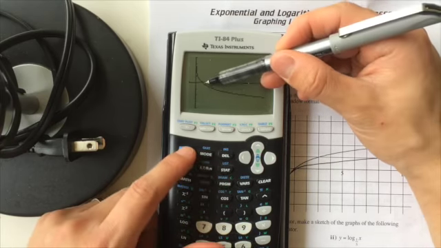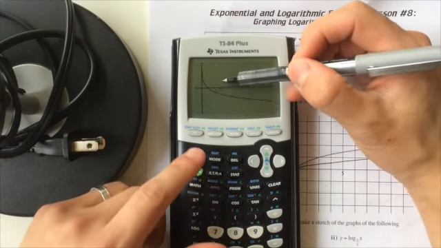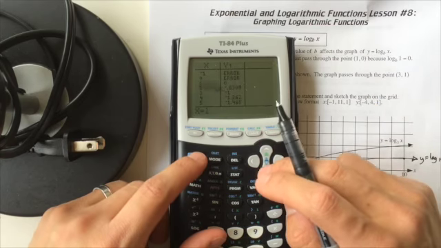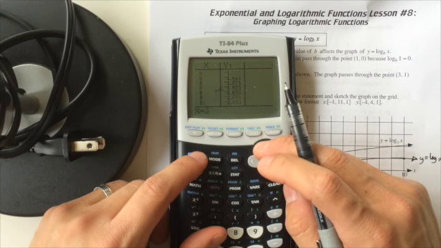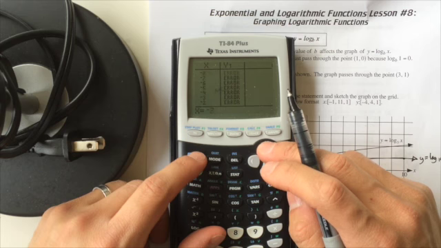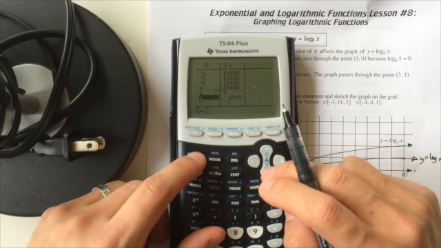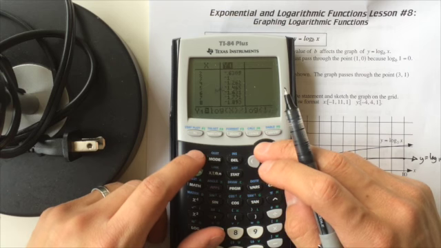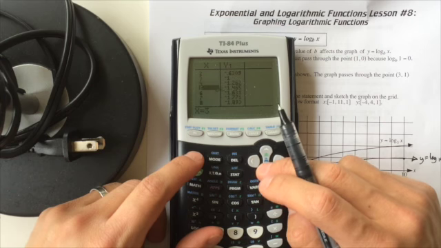And if we look at where the graph passes through when y is equal to 1, that should be down at, when y is 1, it should be at 1/3 actually, but I can't find that value right now.